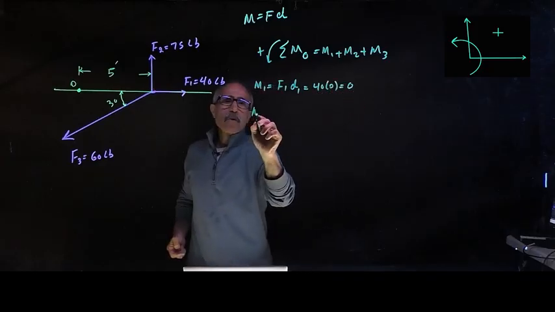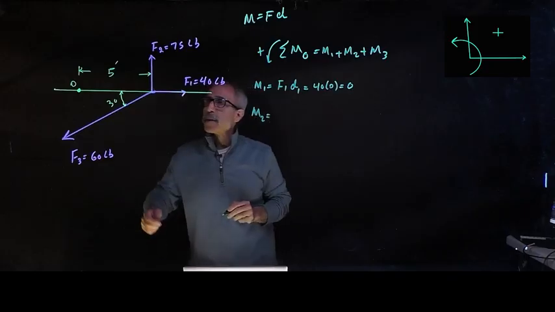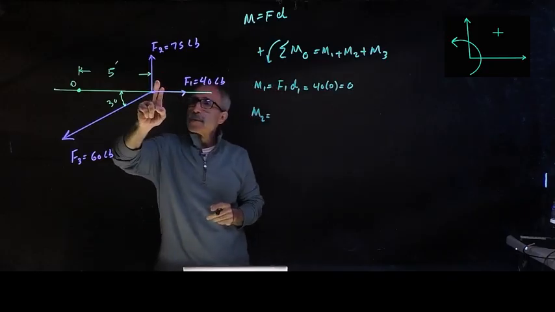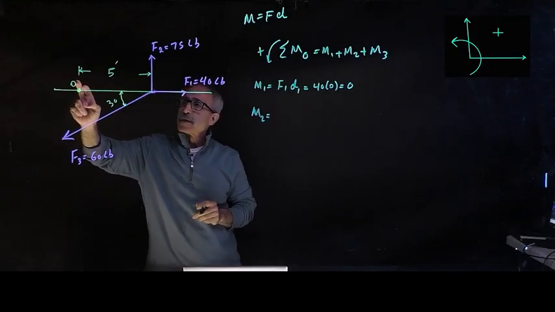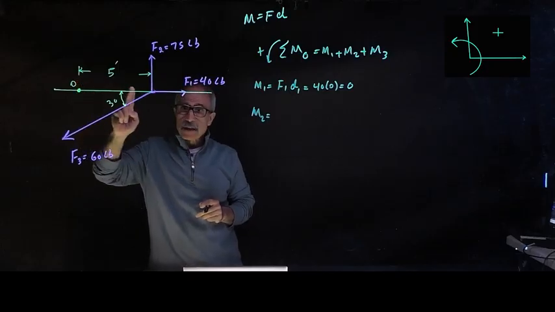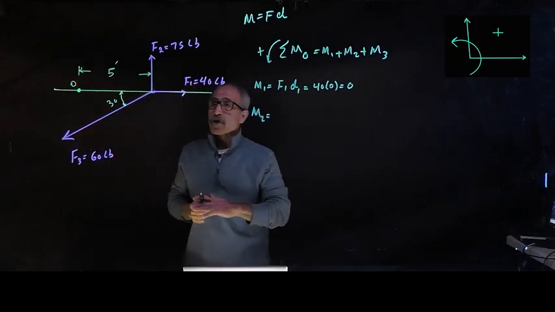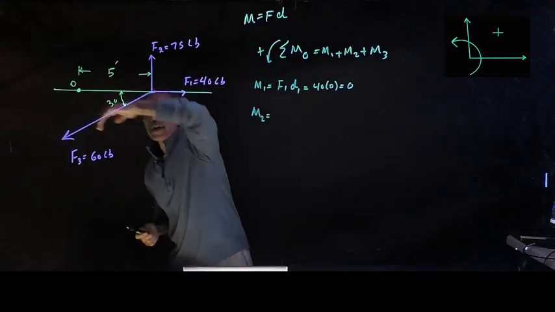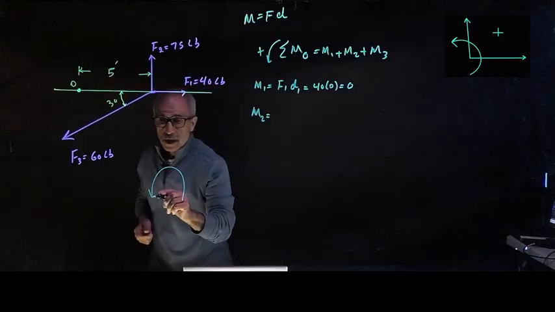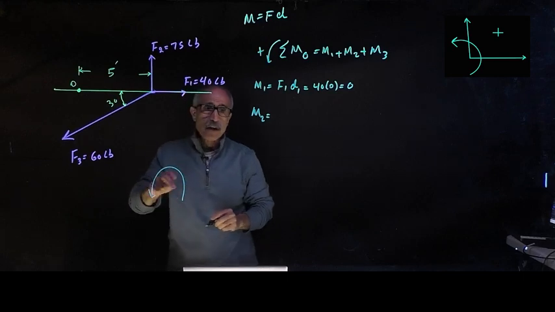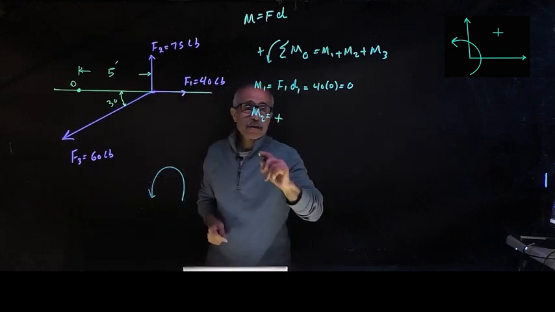Let's go to moment number 2, and that is this force here. The perpendicular distance between this force and this point is 5 feet. And here's the important part: that force is going up and rotating this way, and this rotation is counterclockwise, so it's positive.